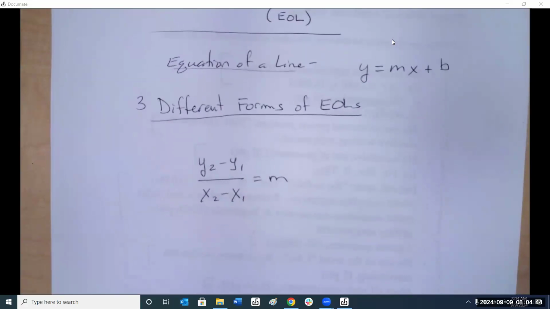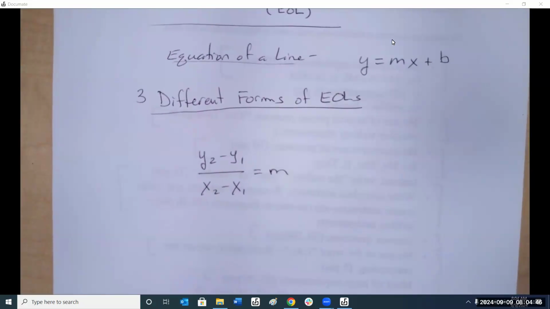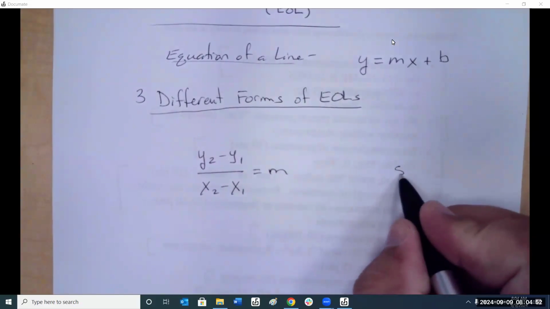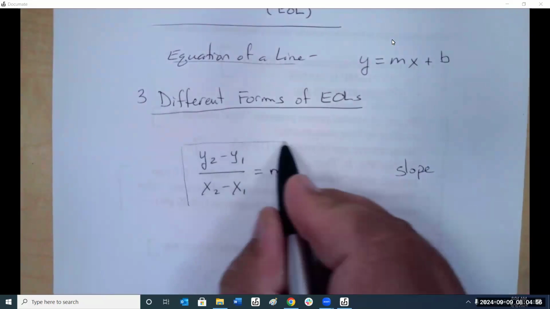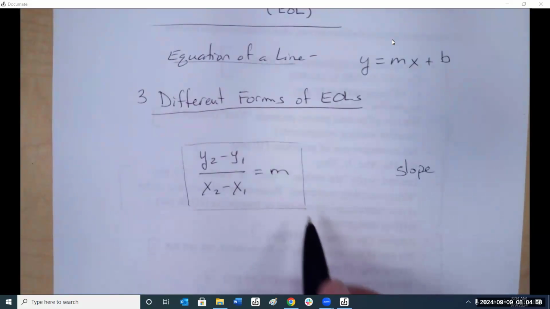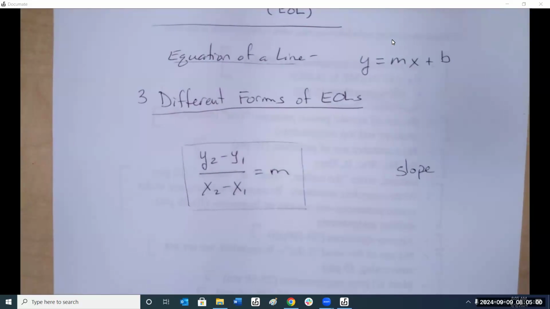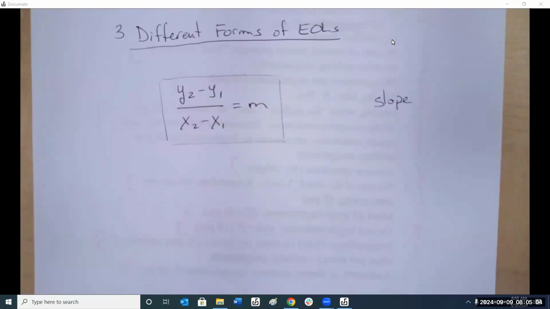What equation is that? It's the equation of slope. This is the slope equation. All equations of lines come from there. Let's derive them.